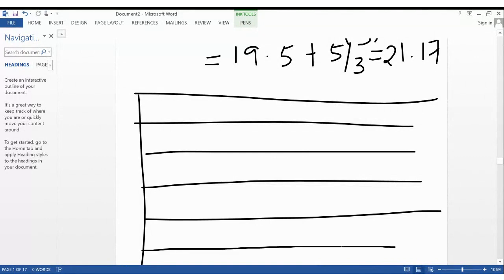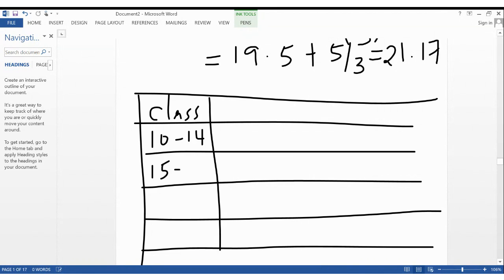So you have a class 10 to 14, 15 to 19, 20 to 24, 25 to 29. Then you add here my frequency.